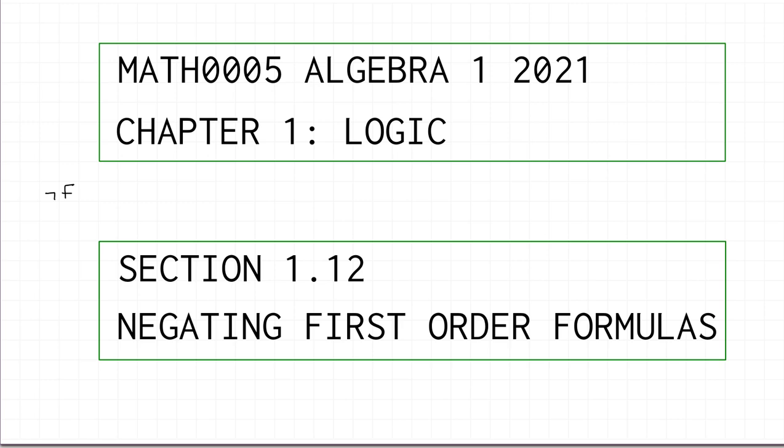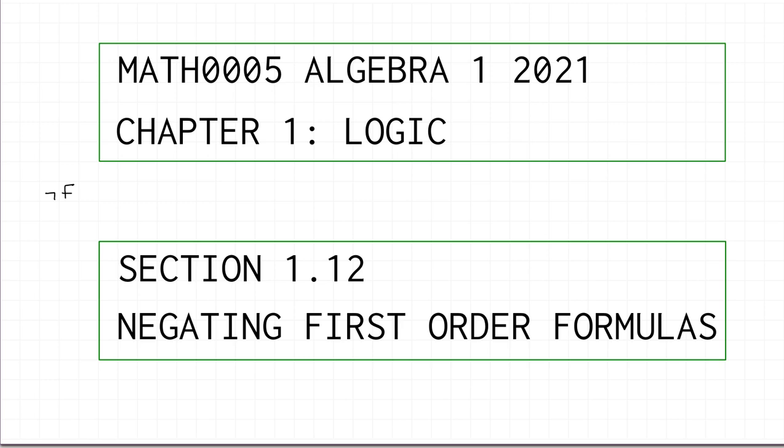So it's useful to us to have logical equivalents for the negations of first order formulas which begin with quantifiers. And thanks to the logical equivalences we learned in the last video, we're able to actually shed some light on what the negation of these statements really means.